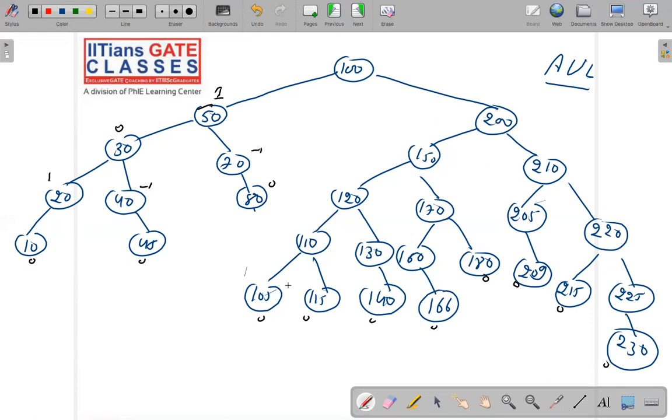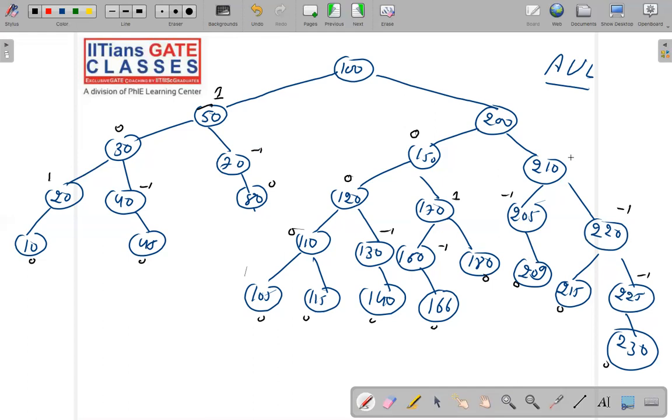So for here it's 0, here it's -1, here it's 0, here it's -1, here it's 1, and the left height is 3 and right height is 3. So it's 0 here, -1 here, -1 here, and here it's -1.